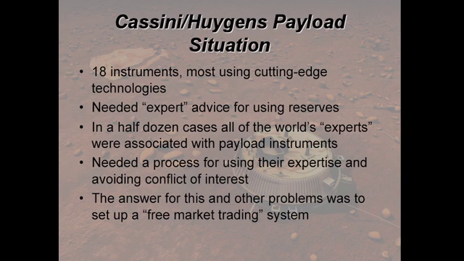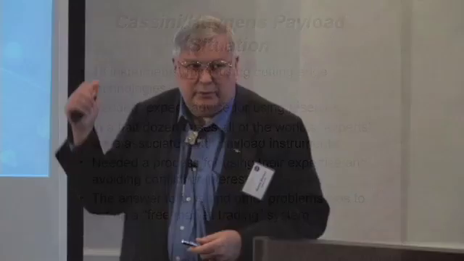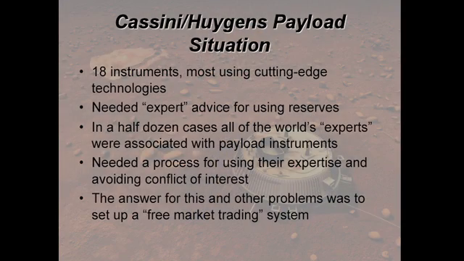So you have a problem getting expert advice for how to use your reserves, because the people on the instruments have a vested interest: give it to me. And so it's an expertise problem. In about half a dozen cases, all of the world's experts were associated with payload instruments. So you're stuck with a problem of conflict of interest or making a judgment in ignorance.